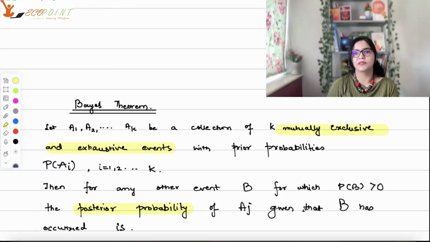And here comes, formally, let's define Bayes' theorem. Let A1, A2 till AK be a collection of K mutually exclusive and exhaustive events with their prior probabilities, probability AI.